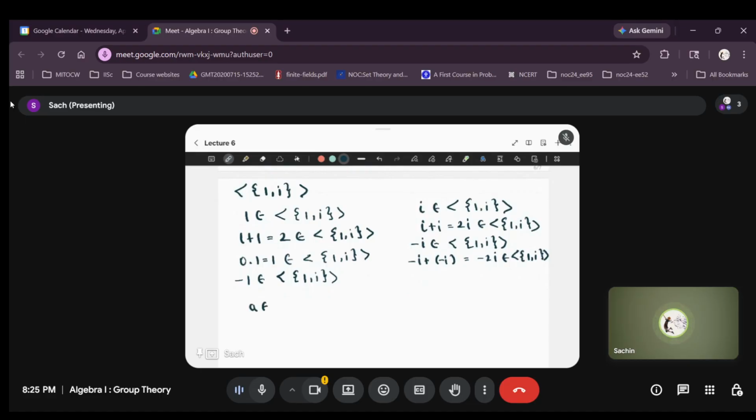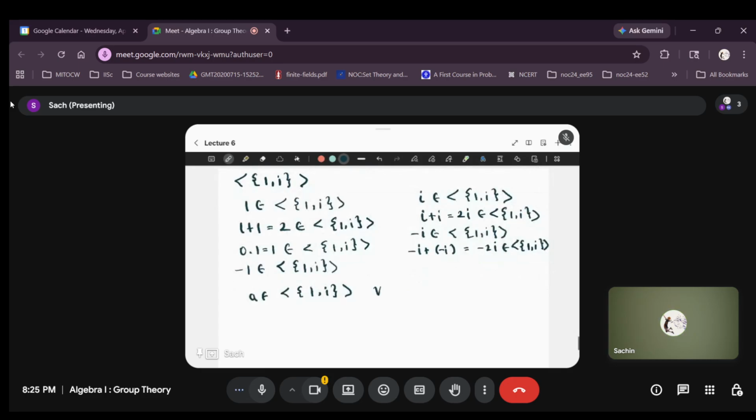So a belongs to the set generated by 1 and i for all a in Z. b times i belongs to the set generated by 1 and i for all b in Z. Every multiple of i.